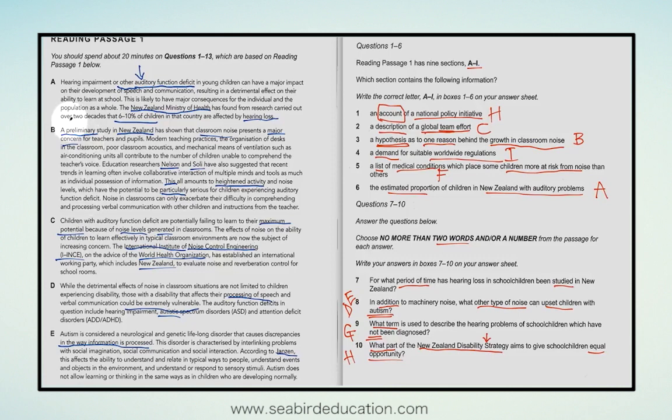Oh, there it is, over 2 decades. See, it's so important to underline not just the letters, but also the digits. So for 2 decades, you can just write the number 2.